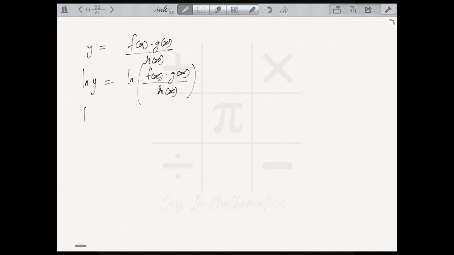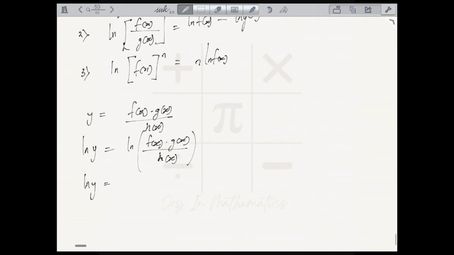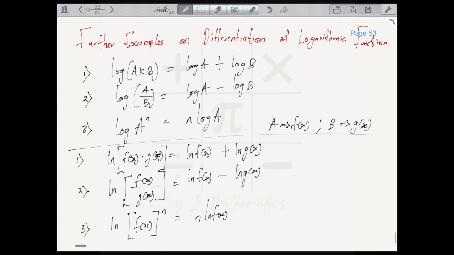Now, applying the principle that we have learnt in the previous page, that when it is multiplying, it becomes addition, and when it is dividing, it becomes subtraction.